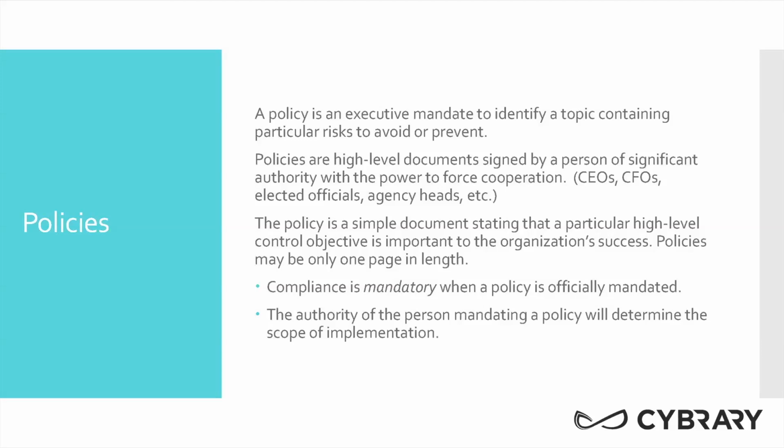Policies, as I said, come from the upper levels of the organization. So people like presidents, vice presidents, CEOs, CFOs, CIOs, could be someone that's an elected official or the head of an agency. So they're giving direction at the highest level to decide what's permissible within the organization and what isn't.